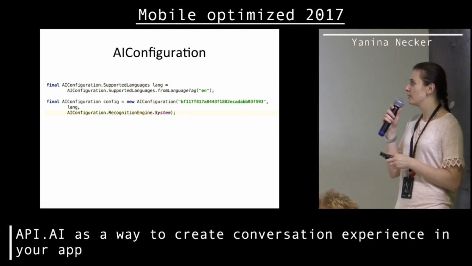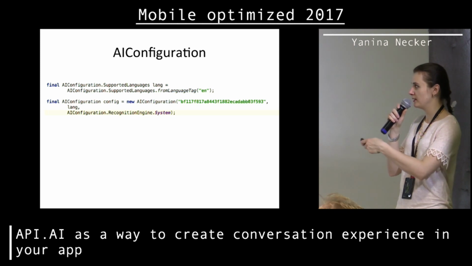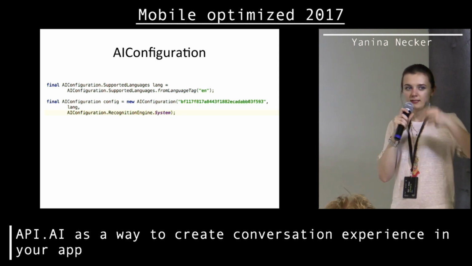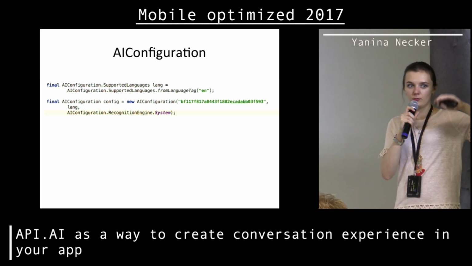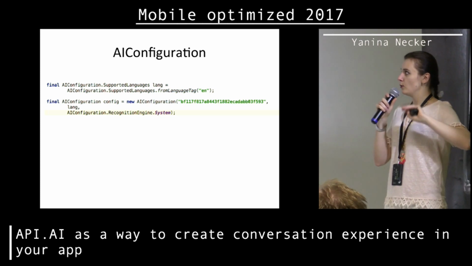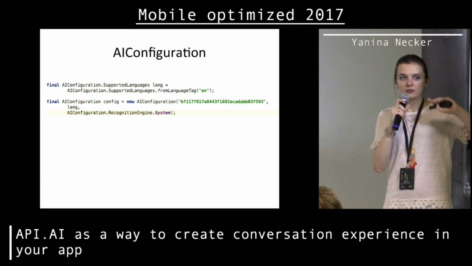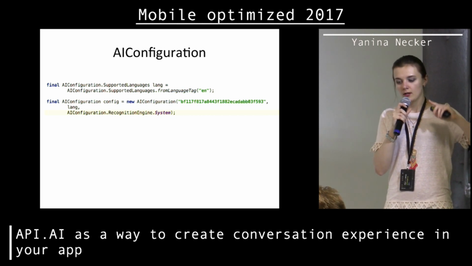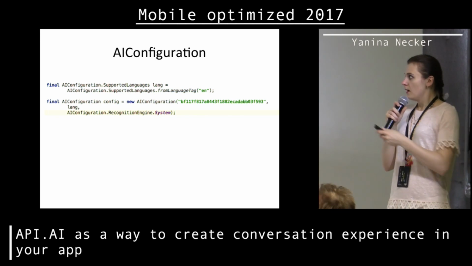In the configuration block, this is exactly the place where you provide your access token. That's how the SDK matches exactly the agent that you have created with your application. You also need to provide a language. I have to mention that one agent will be using one given language. For another language, you need to provide a completely different agent.